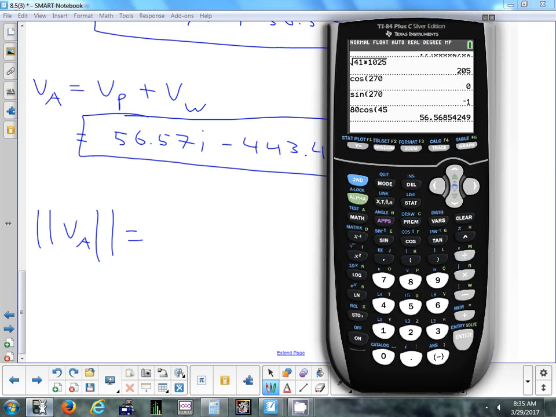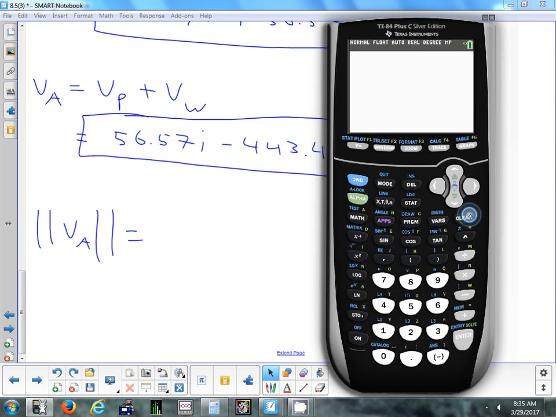And I'm just going to type it all in at once. It's going to be the square root of... square root. And what would I type in? 56.57 squared.